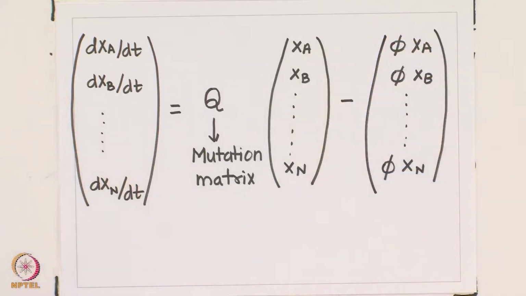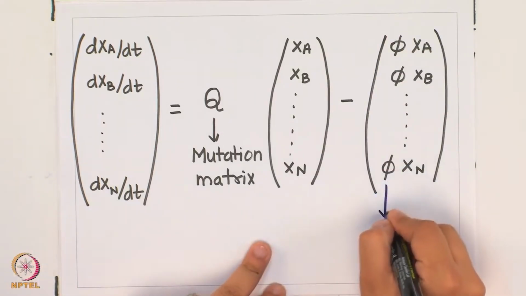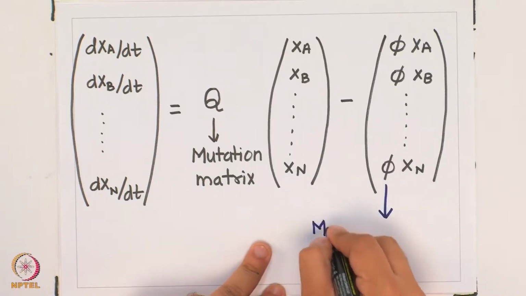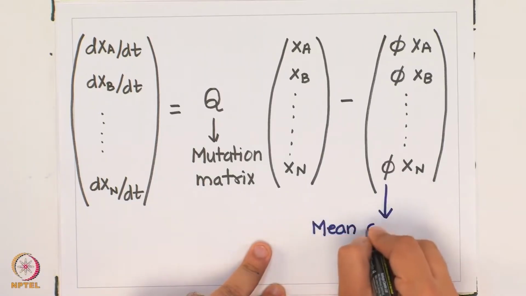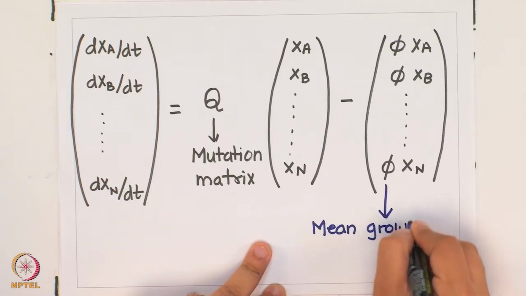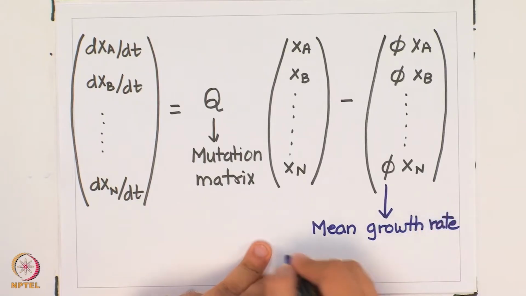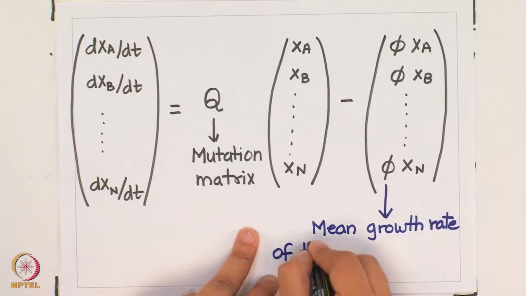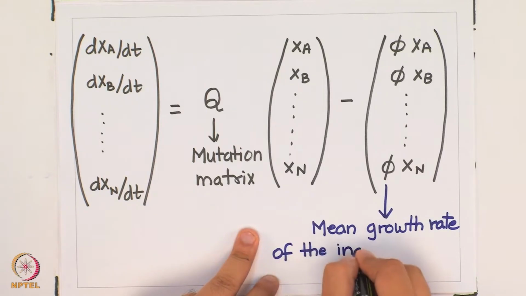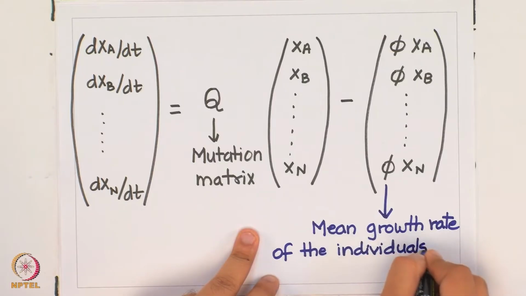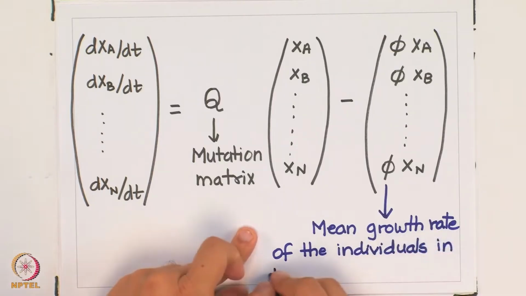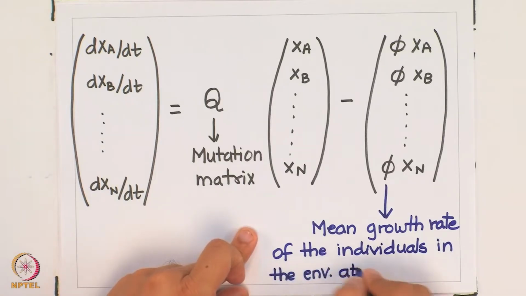And phi, in all our discussions, we have always found to be equal to the mean growth rate of the individuals in the environment at a particular time.